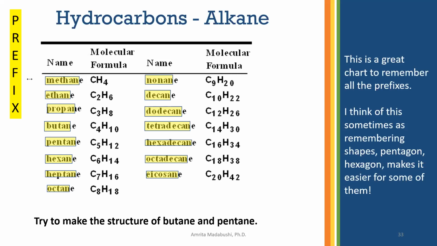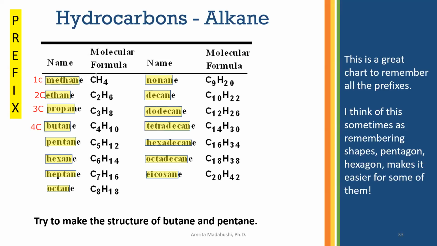So I will say here that 1 carbon is methane, 2 carbon is ethane, 3 carbon is propane, 4 carbon is butane. So now I'm going to show you what I mean by that.